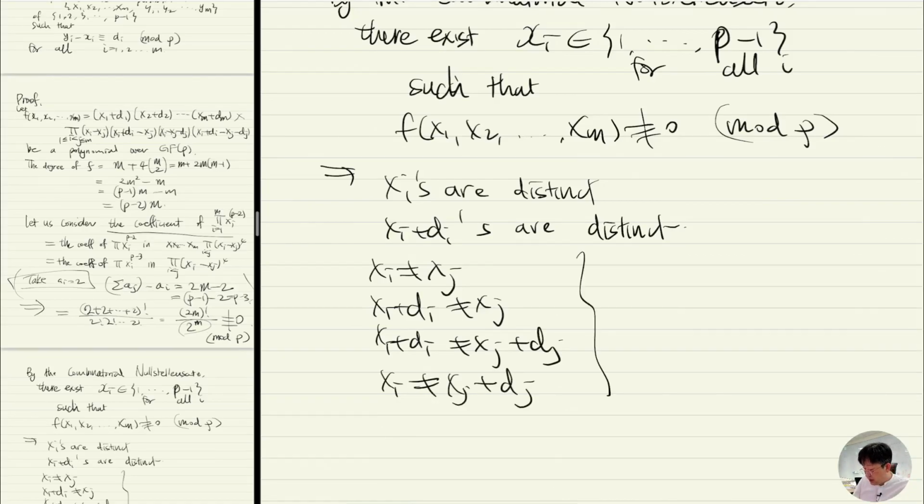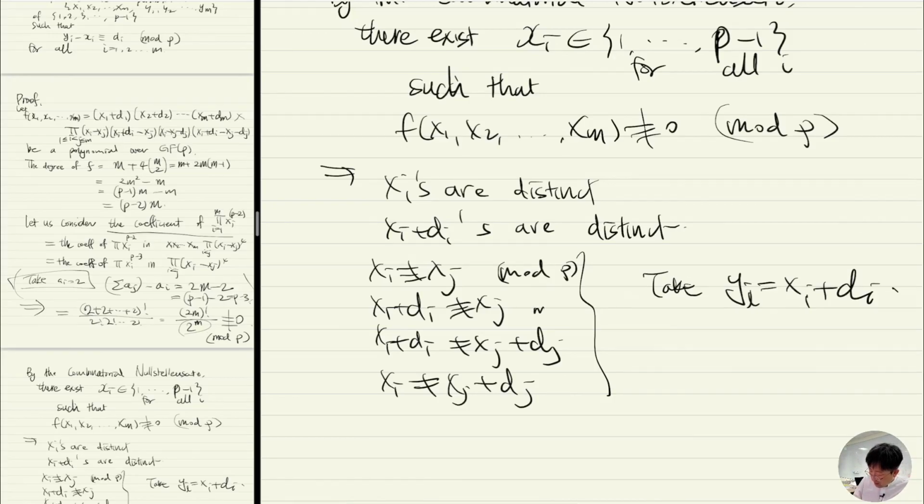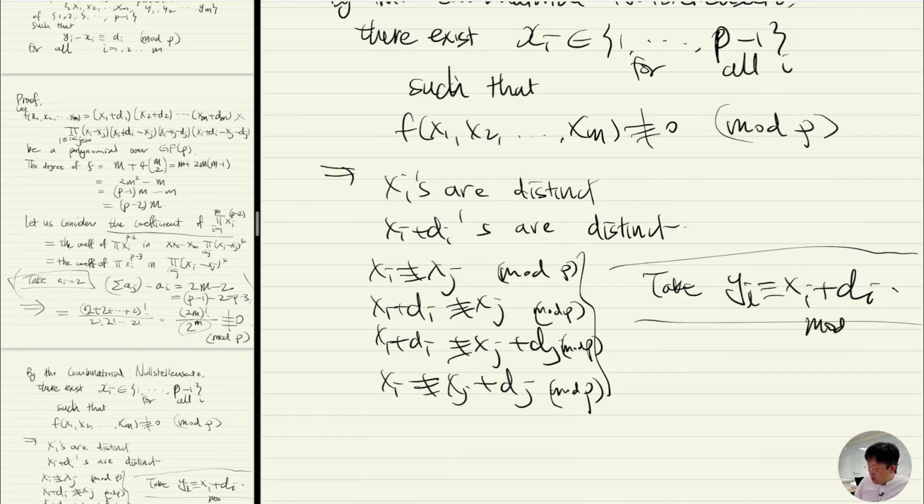So then you take yi to be equal to xi plus di. Right? Then this is exactly it, oh yeah, so everything is modulo p. Alright, so that's the proof. Alright, that's it.